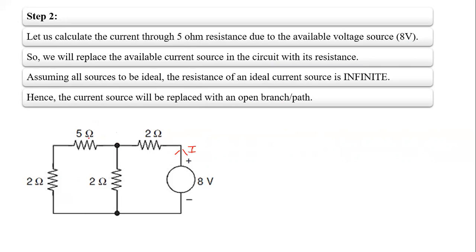Then at this junction, this was B and this was C, D, E, F. What has happened to the current source?